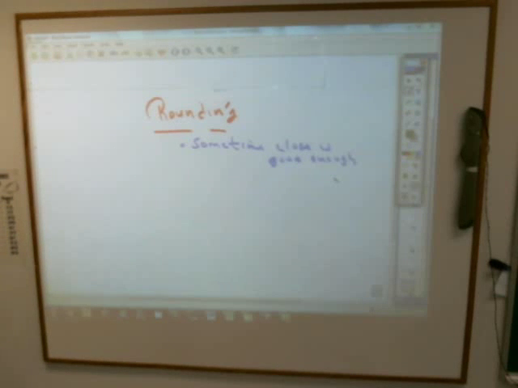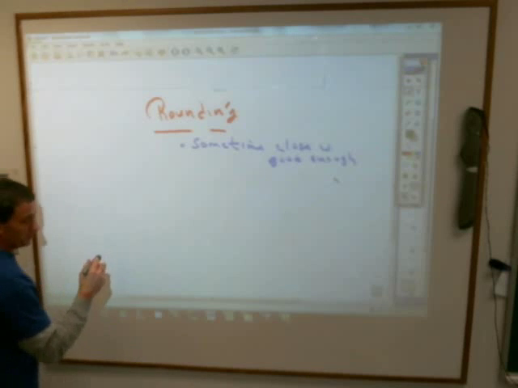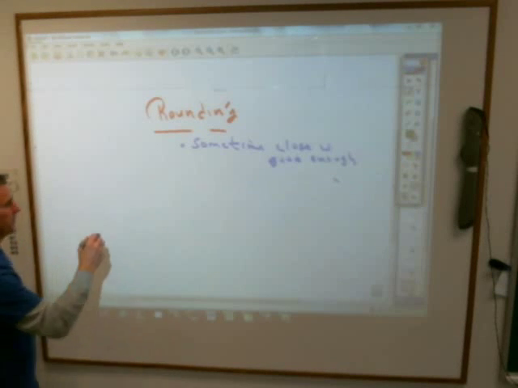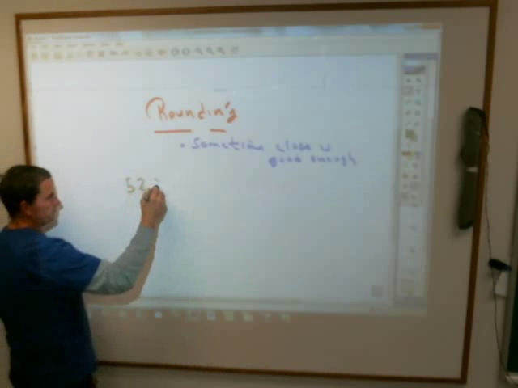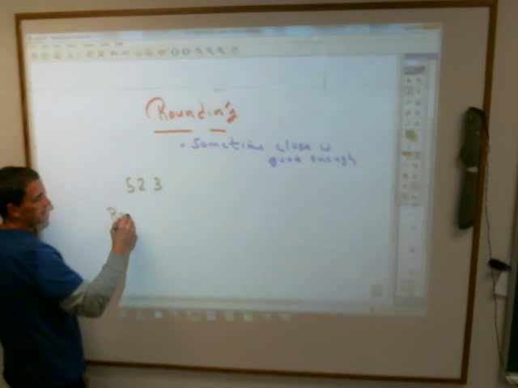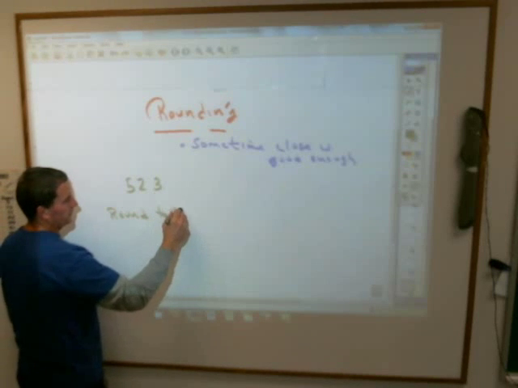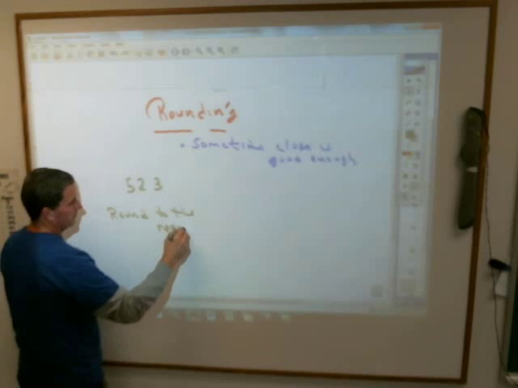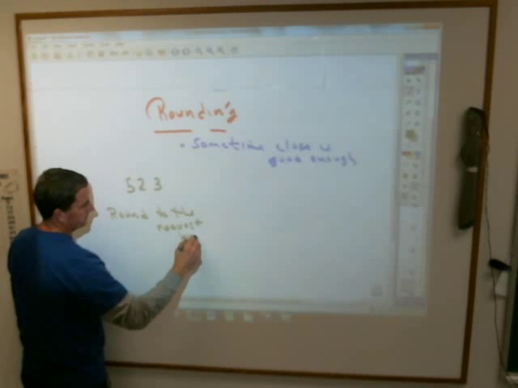And now here's how the whole rounding game works. Let's write this number down here. 523 rounded to the nearest 100.